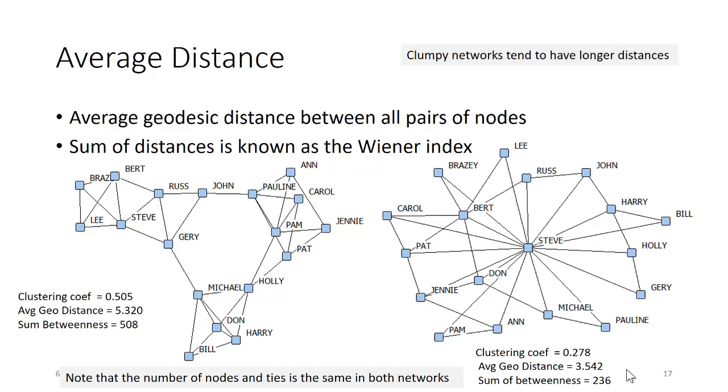So here is an example of 2 networks. This is CampNet. This is also CampNet in a sense. It's the same number of nodes and the same number of ties. So I made it very similar to the original CampNet. But I used the function in UCINet to rewire it at shorter distance. So in the real CampNet, the average distance is 5.3. I rewired it to have a distance of 3.5.